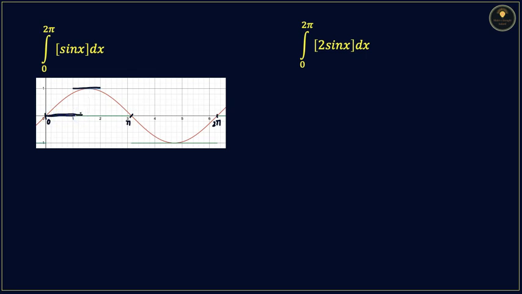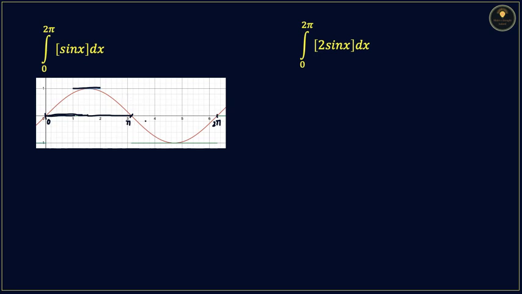And if I take the value from pi by 2 till pi, you get the same thing, that is equal to 0, because sine from 0 to pi is always positive and less than 1, which means all the values will come as 0 from 0 to pi.